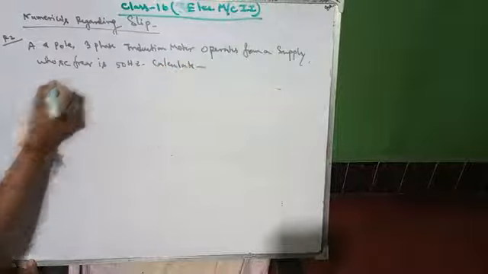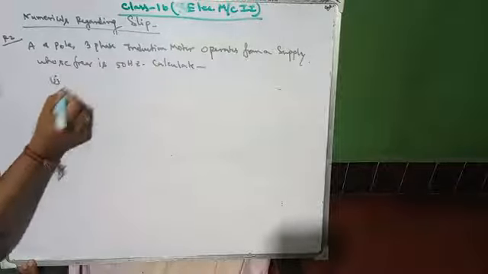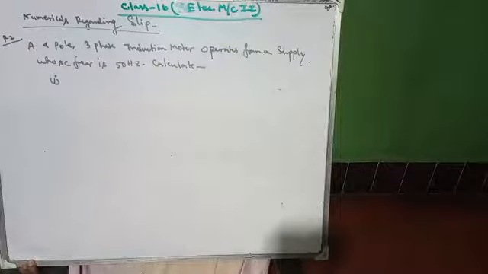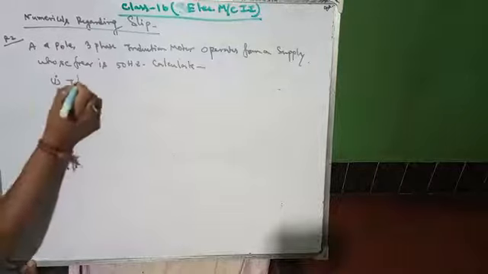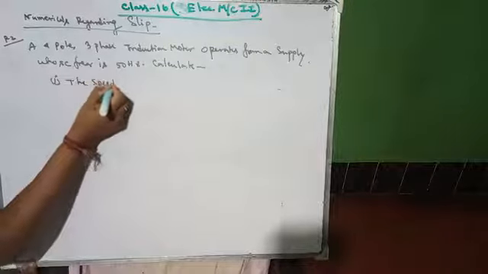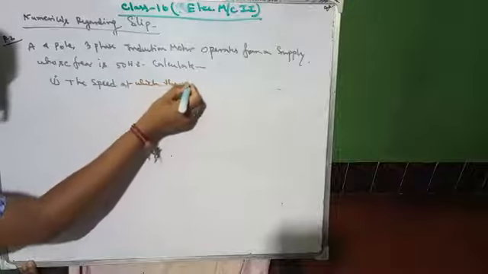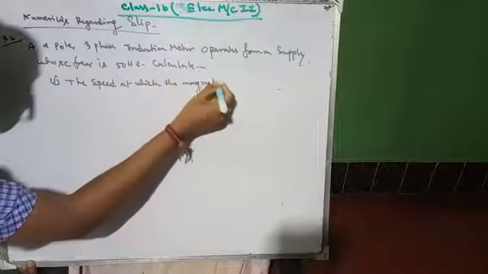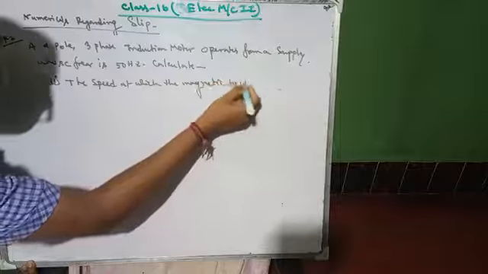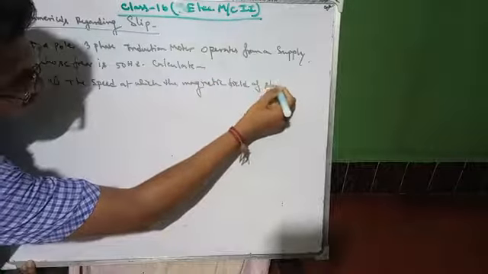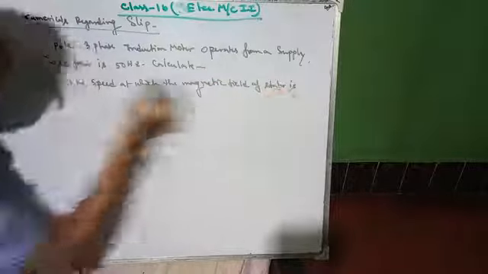Calculate, Roman 1, the speed at which the magnetic field of the stator is rotating.